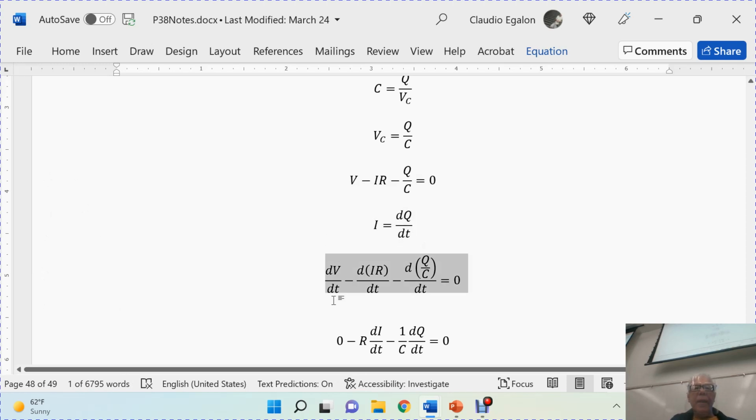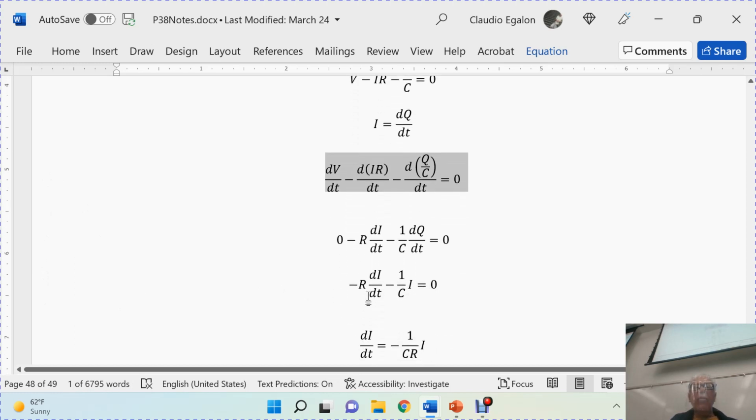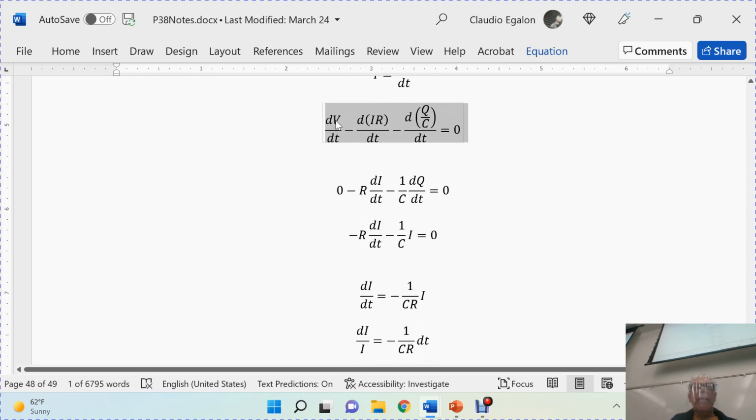dV/dt, d(IR)/dt, dQ/dt. The V is constant. Consequently, when you differentiate with respect to time, it becomes 0. The resistance doesn't change in time, but the current may change because the capacitor is acting against the power supply.